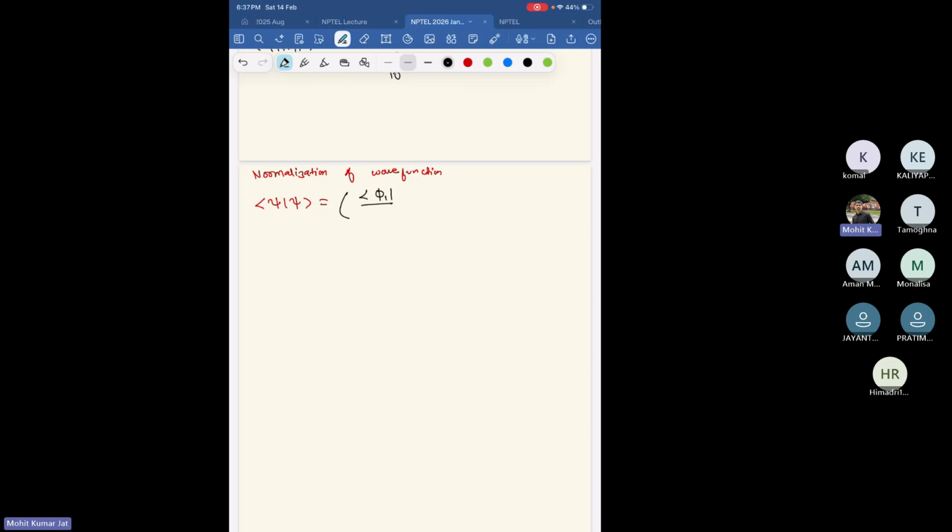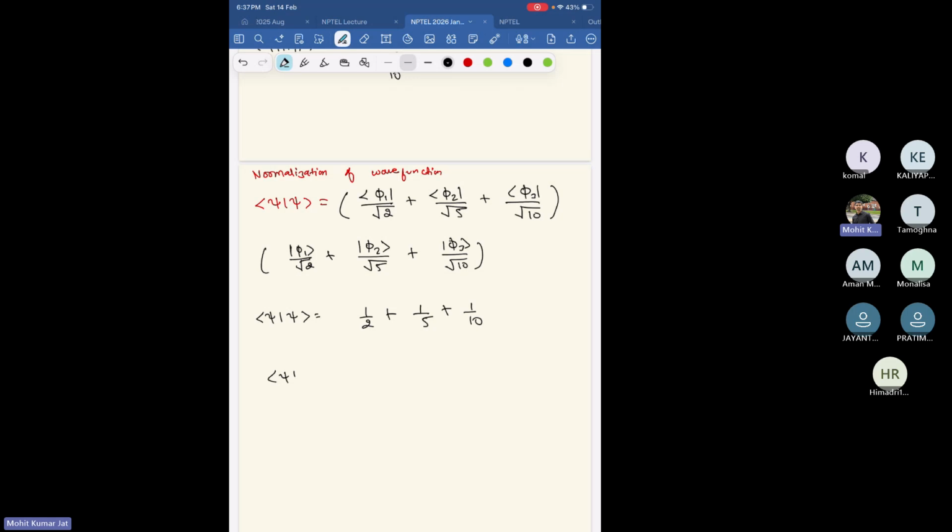That will be phi 1 by square root of 2 plus phi 2 by square root of 5 plus phi 3 by square root of 10, times phi 1 by square root of 2 plus phi 2 by square root of 5 plus phi 3 by square root of 10. <psi|psi> is nothing but 1 by 2 plus 1 by 5 plus 1 by 10, which is 8 by 10.